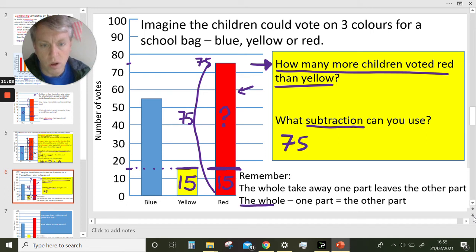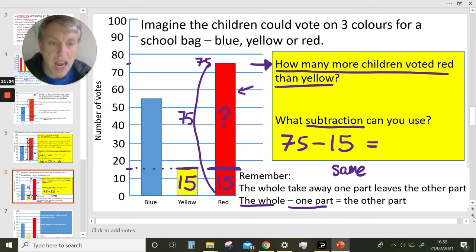Remember, the whole, take away one part, the part that is 15, the same as the yellow, will tell us what the other part must be. 75 take away 15 is 60. So this part here must be 60. If we add them together, we can check. 60 add 15 is 75, which is the value of the whole bar.